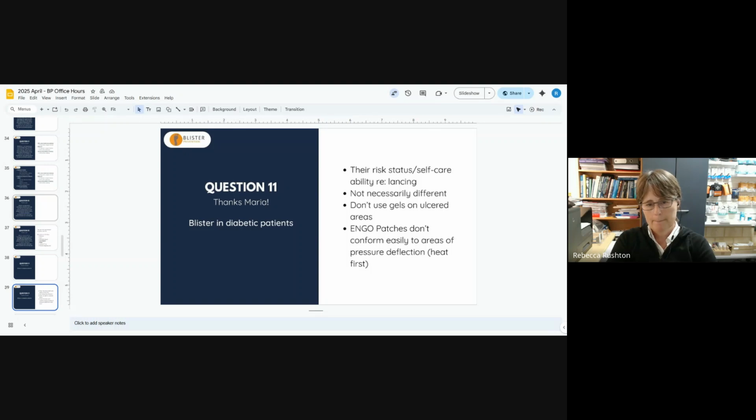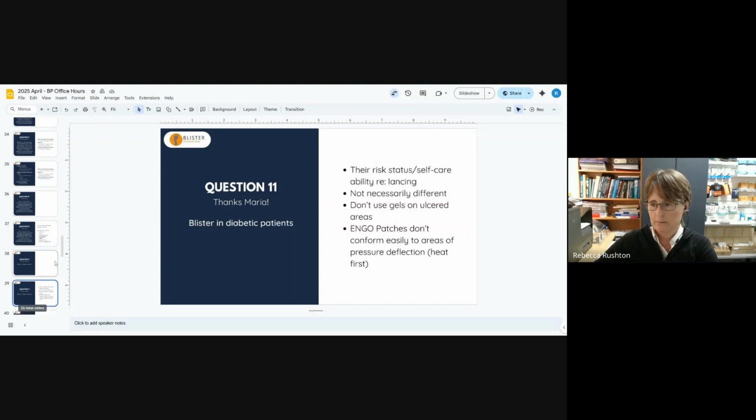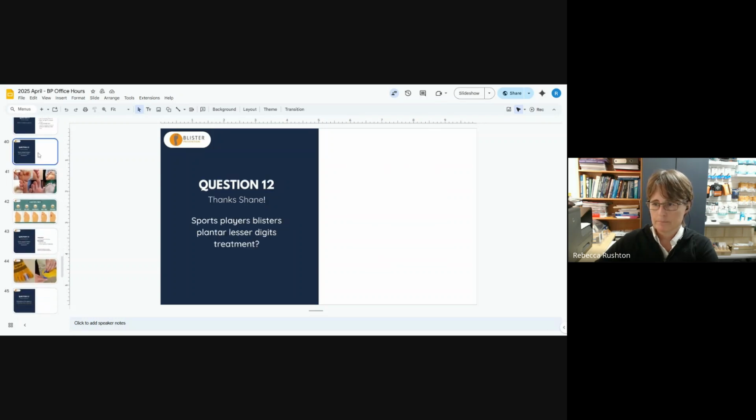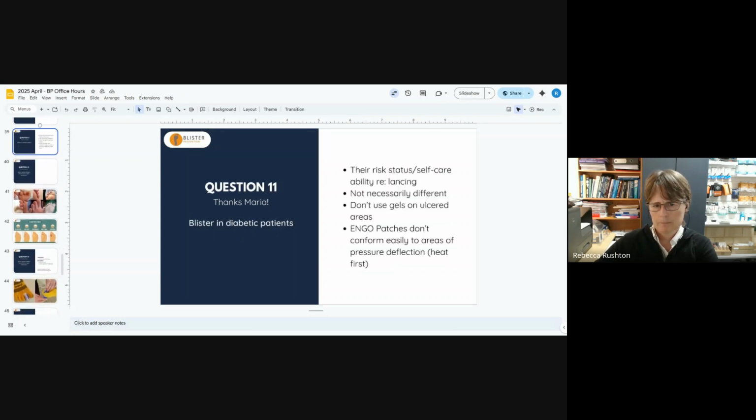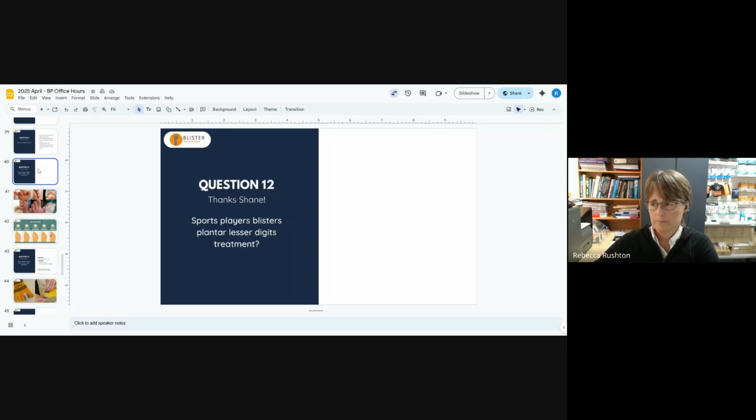But depending on the level of offloading, it can be difficult to get an ENGO patch on. So there are some things to consider. But really, you're just trying to reduce shear. It's the same as for any other patient.